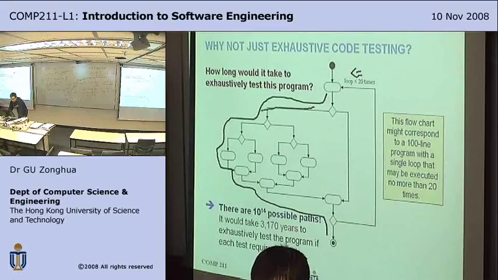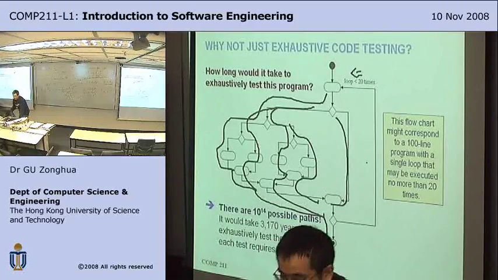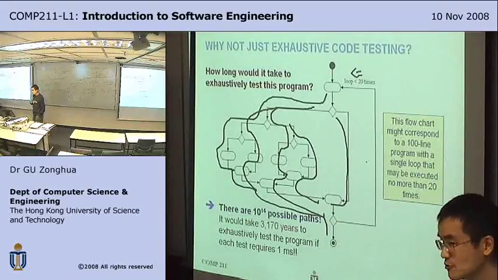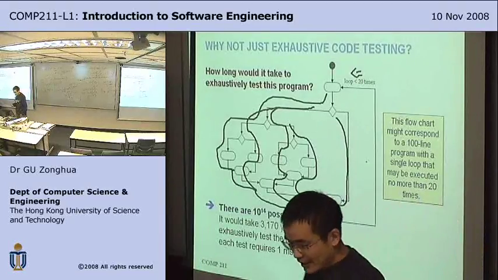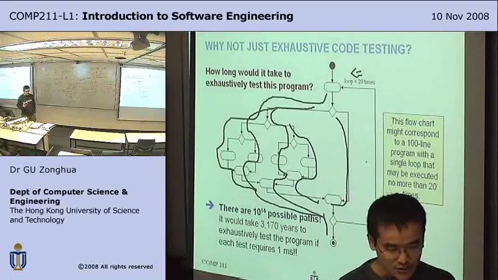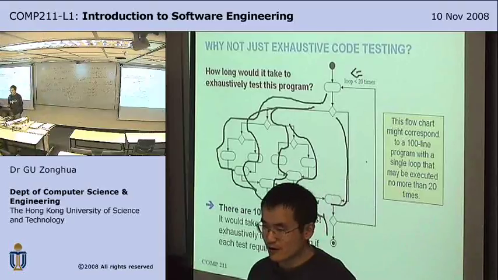This is the second one. And the third one. And the fourth one, and the fifth one. So essentially you have 5 choices, 5 paths each time you go through the loop. And then you have, say, 20 loop iterations. So how many possible paths do you have? You have 5 to the 20th power, right?